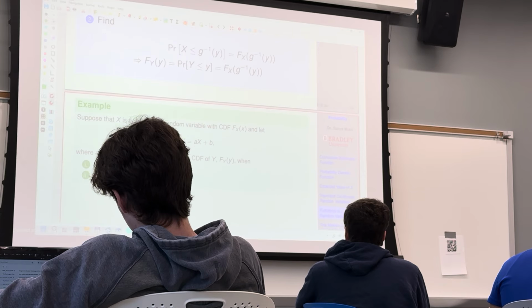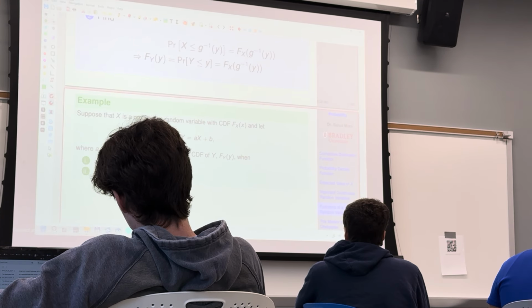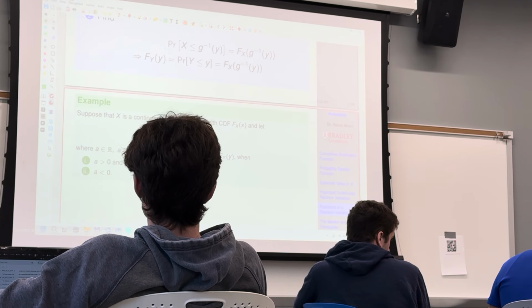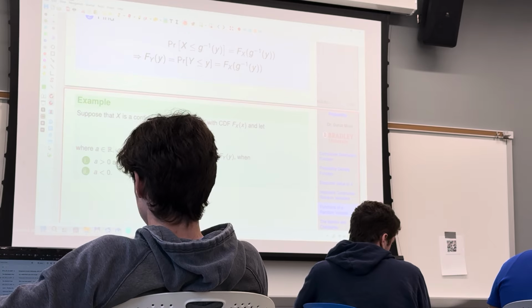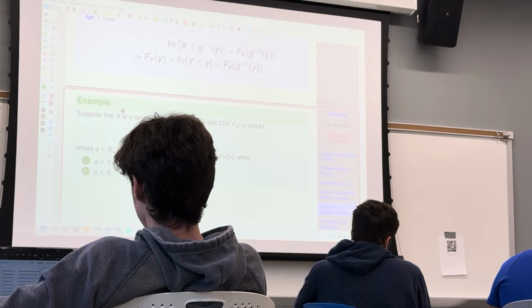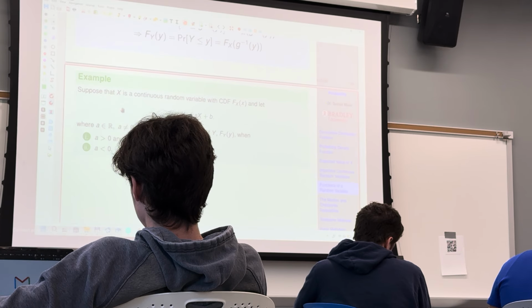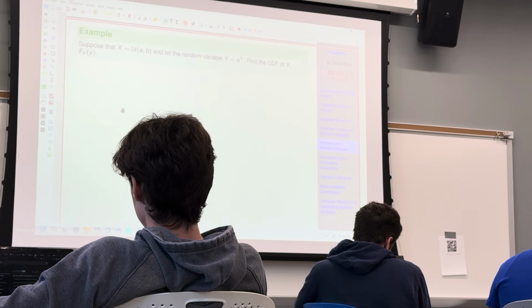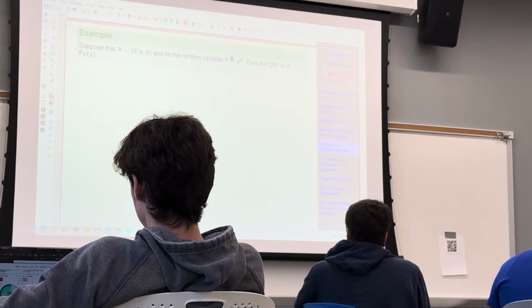Okay? So this example is not from the textbook, so I just made it up. And I have the solution for this example. I went through the solution of this example in class. So we have a similar example here for different functions.